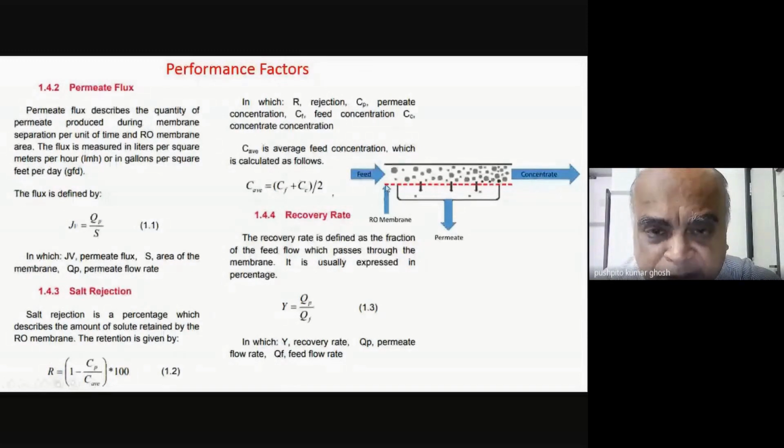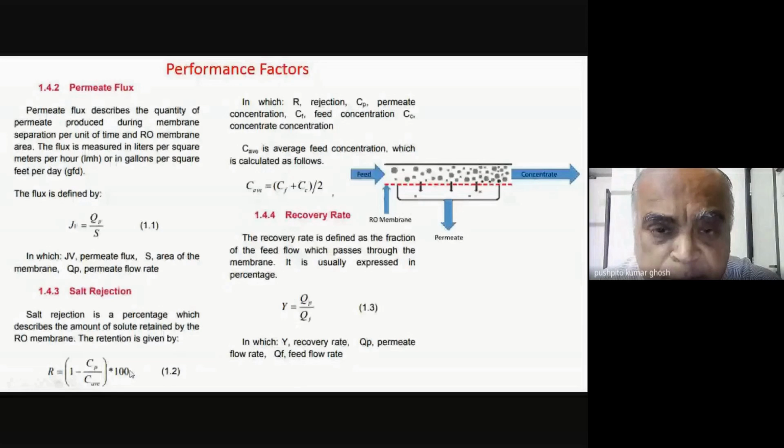Suppose I took 35,000 ppm seawater, and in the concentrate, say I recovered 50%, roughly its concentration would have become 70,000. So I take the average of these two, and that is what comes over here, multiplied by 100.